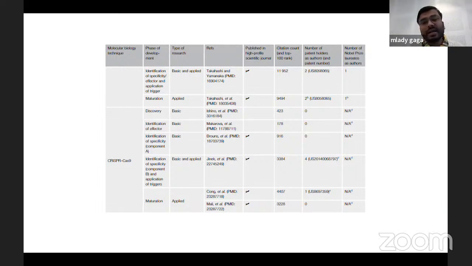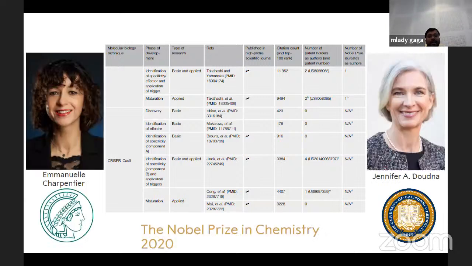And this was the discovery in 2020: Emmanuelle Charpentier from the Max Planck Institute in Berlin and Jennifer Doudna from UC Berkeley got the Nobel Prize in chemistry for this. So you understand how important these techniques are in our scientific community and so on.